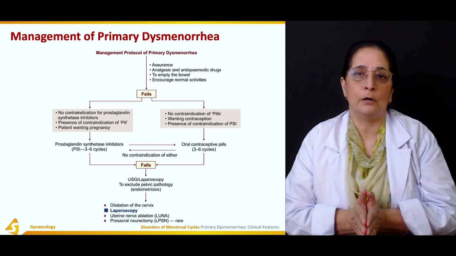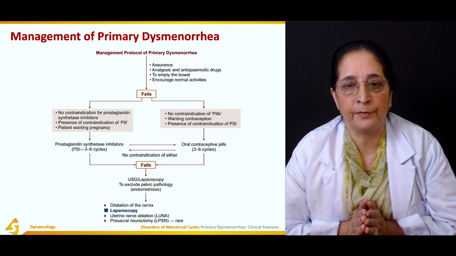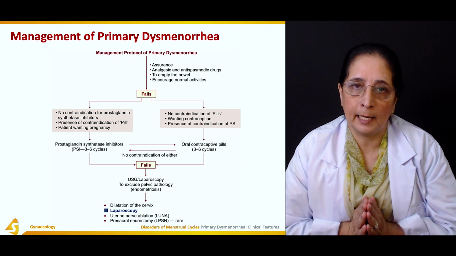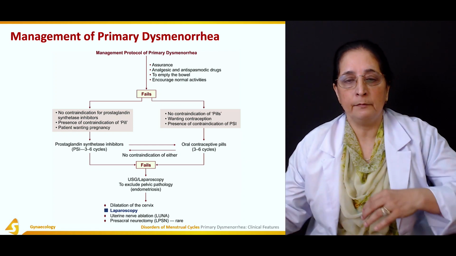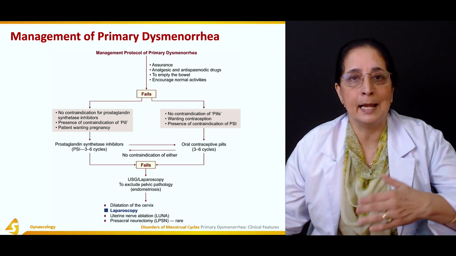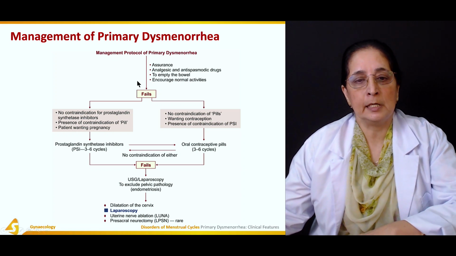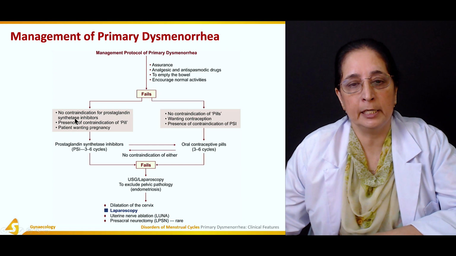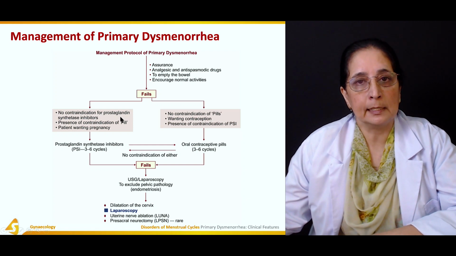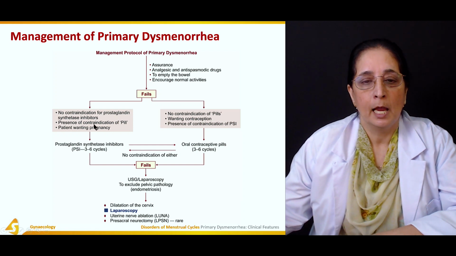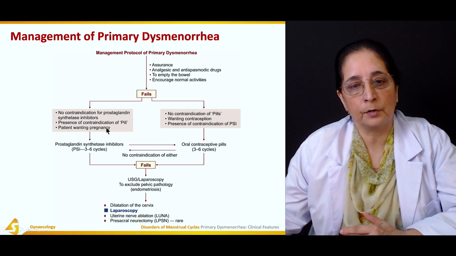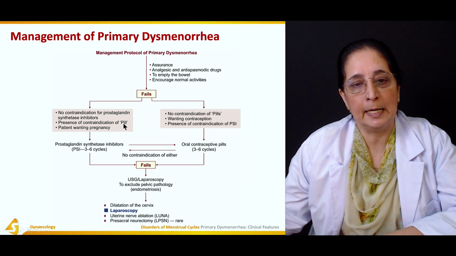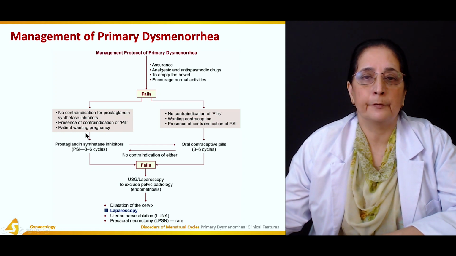If this line of management fails and it's not helping the patient, then we follow two lines mainly. In the first line, there is no contraindication for prostaglandin synthetase inhibitors, and there is a contraindication for the pill or the patient wants pregnancy.